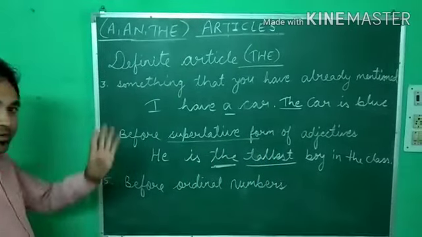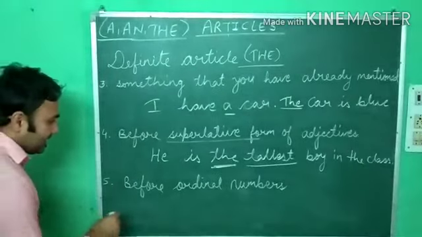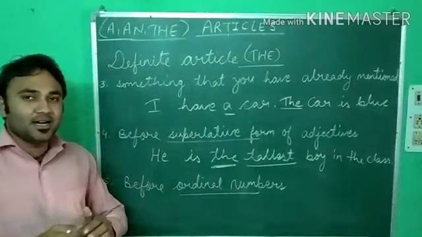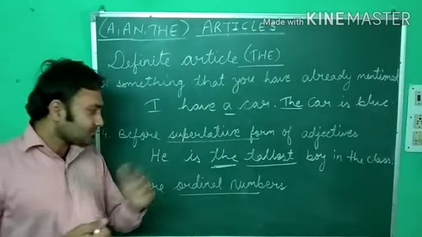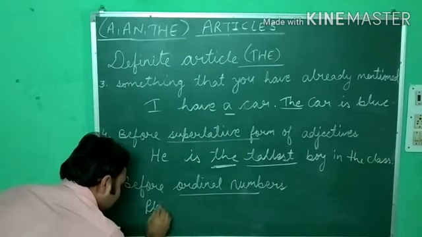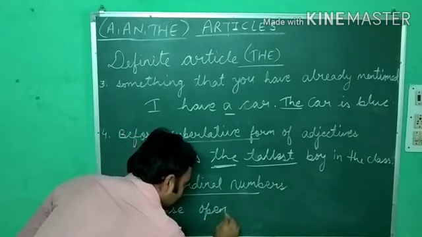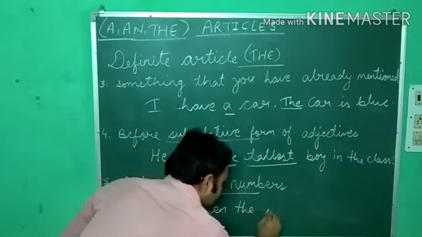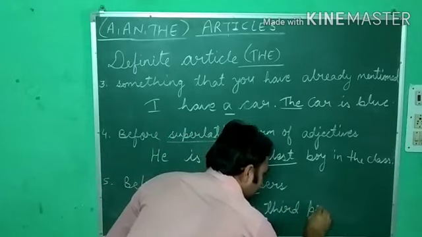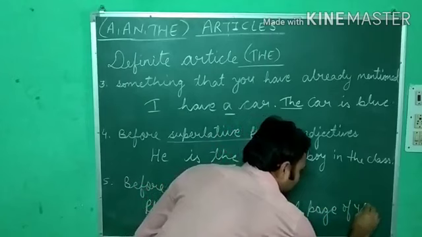In the same way, the rule number 5 of using article the is we have to use the before ordinal numbers. Ordinal numbers are first, second, third, likewise. For example, please open the third page of your book.